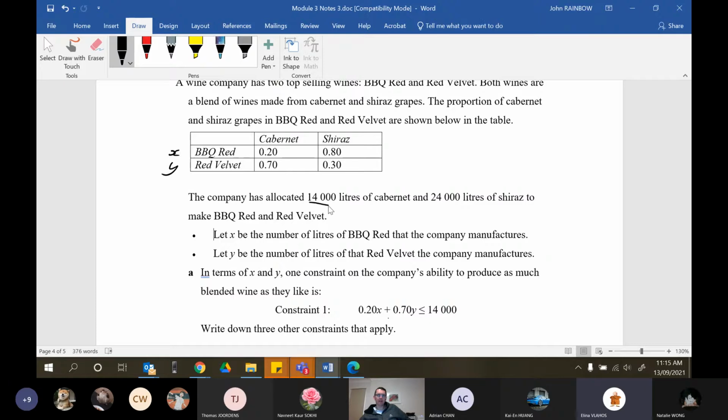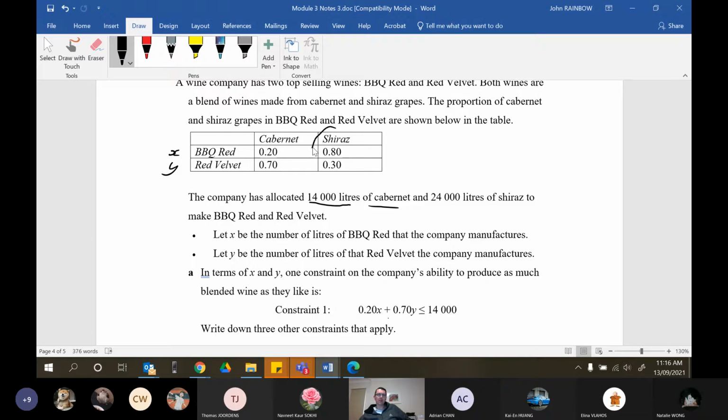They've allocated 14,000 for Cabernet. So for every litre of Barbecue Red you use, you're going to use 200 mils, and for every litre of Red Velvet, we're going to use 700 mils. So that's why we've constructed this constraint.